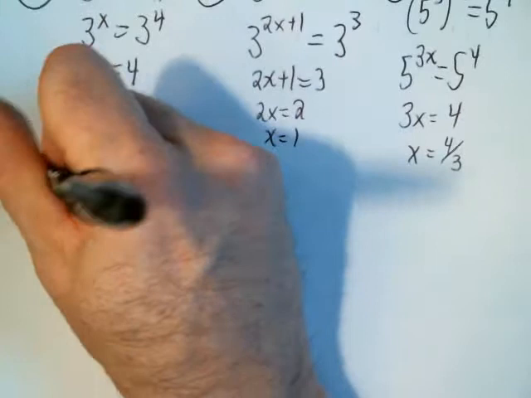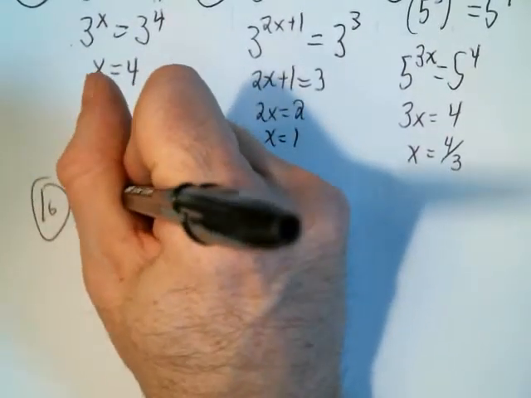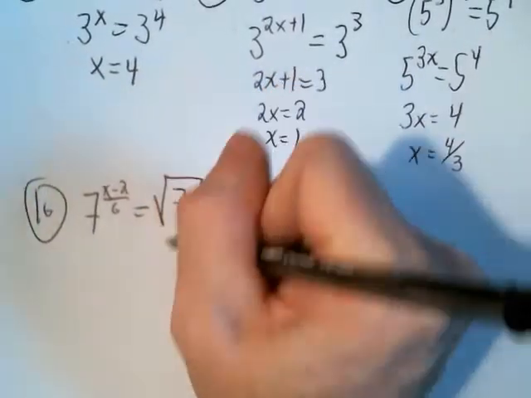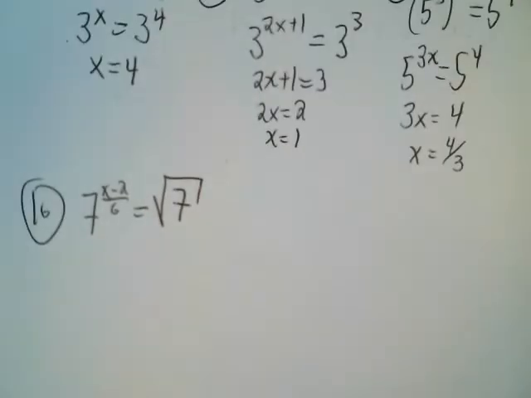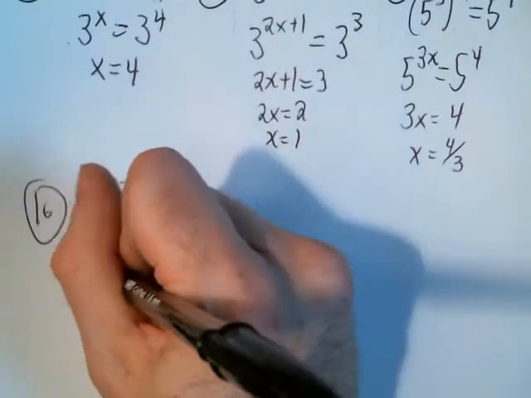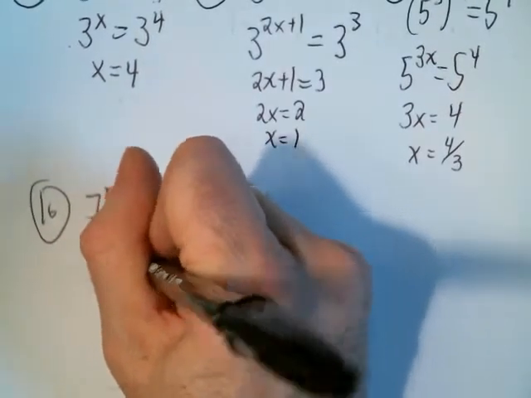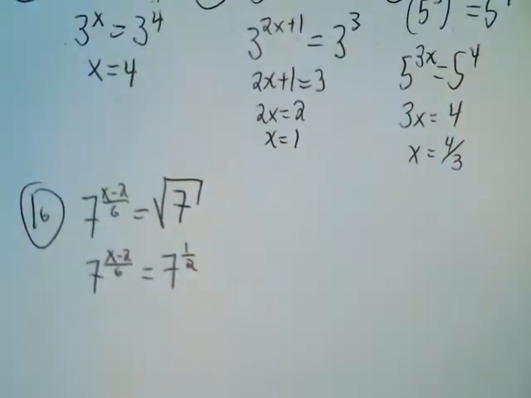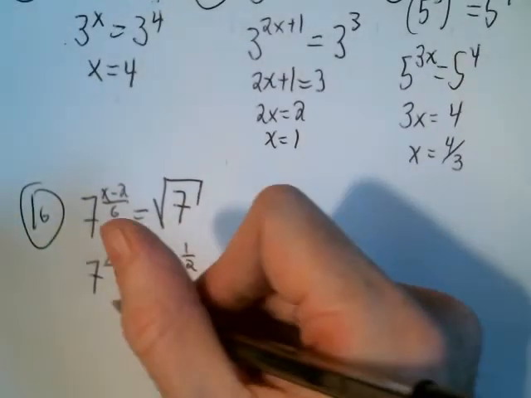More. Number 16, 7 to the (x minus 2) over 6 equals the square root of 7. So hopefully by now you've gotten into the habit of rewriting these root symbols as exponents. So let's do that. And then we can extract the exponents.